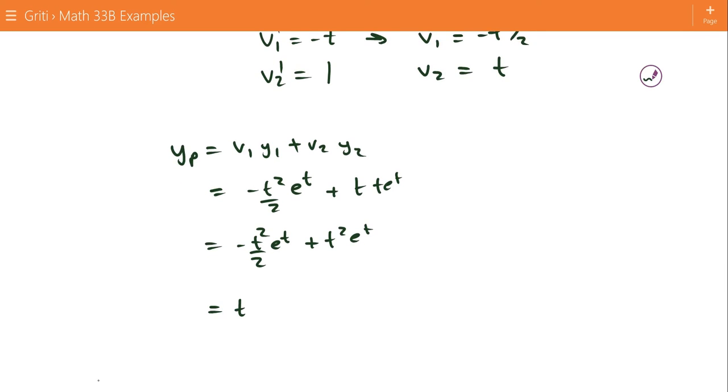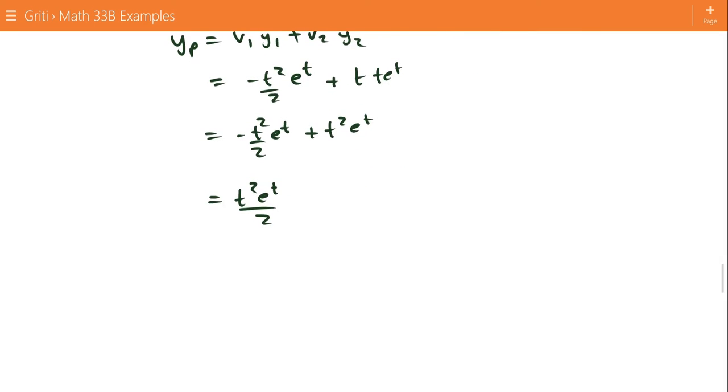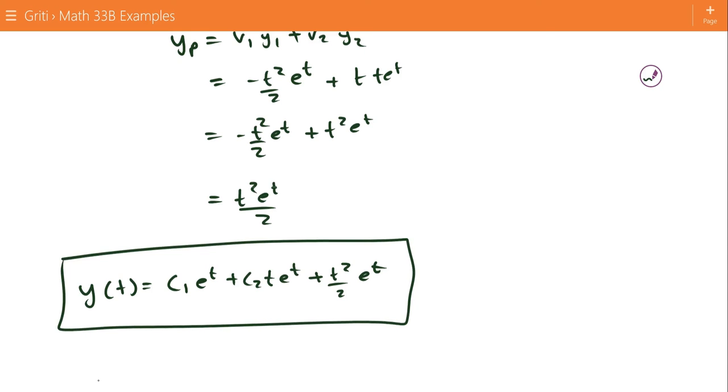This simplifies to t squared e to the t divided by 2. So our y of t is, in our homogeneous solution, c1 e to the t plus c2 t e to the t, plus t squared over 2 e to the t.